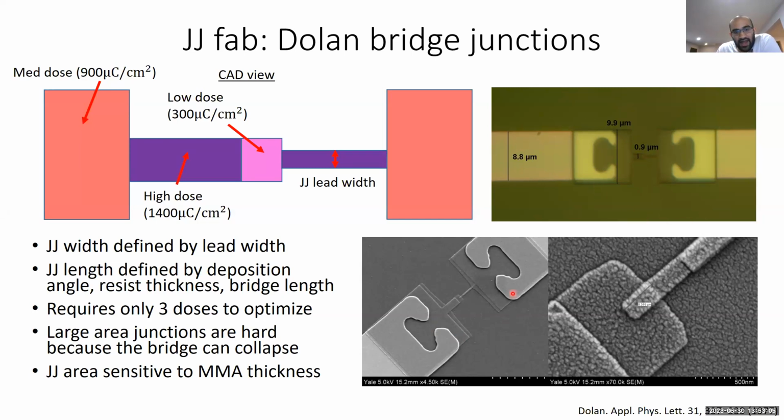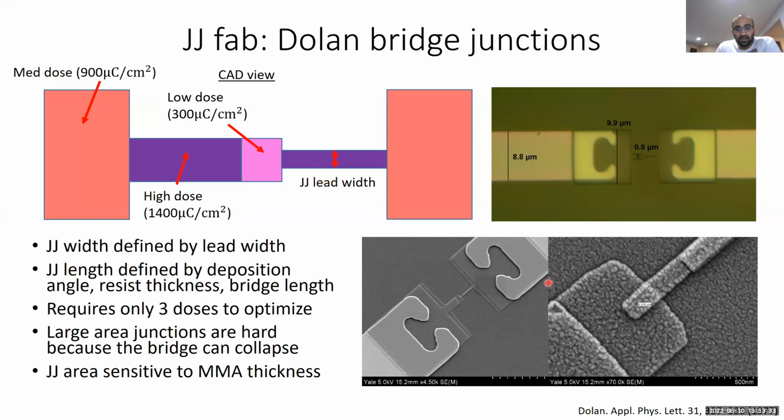And then after deposition and liftoff, this is what the pattern will look like. If you zoom in very closely in here, there's your Josephson junction. With this way of doing things, your junction width is going to be defined by the width of this lead. So if you want to change your junction critical current or your Josephson inductance, this is the only parameter that you'll have to modify.